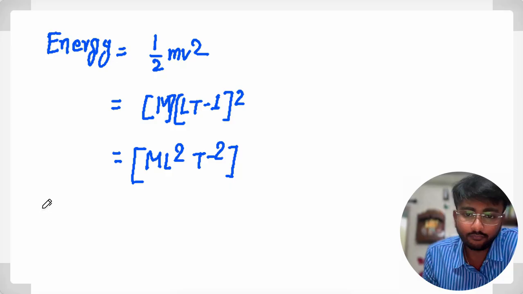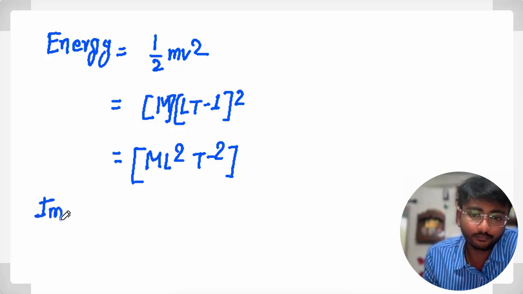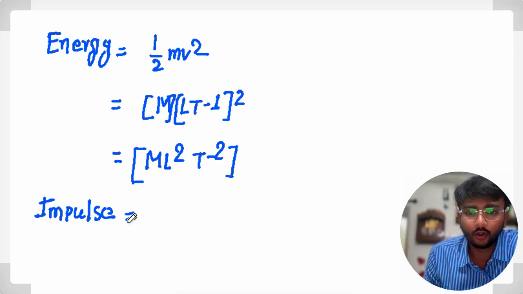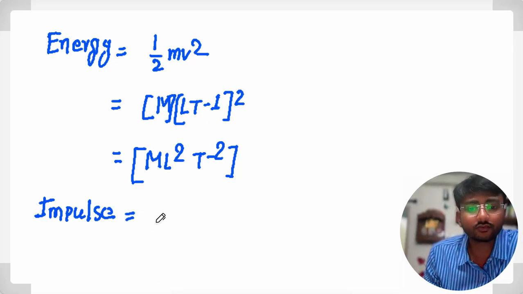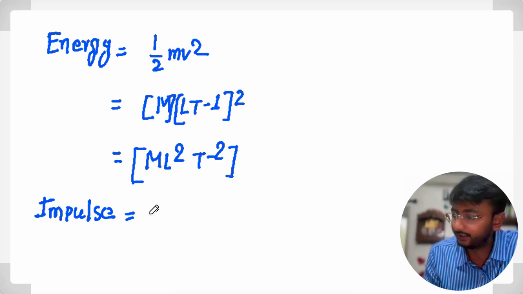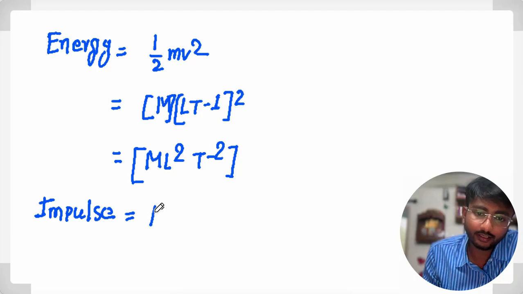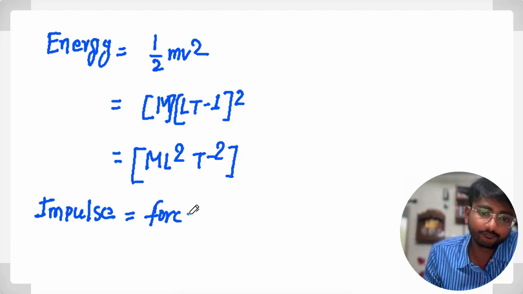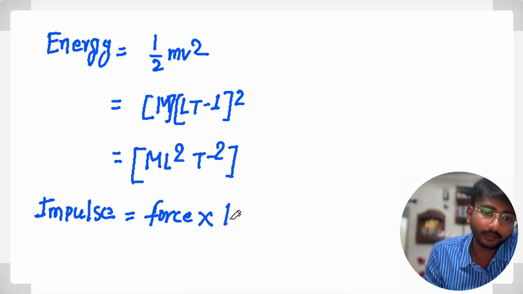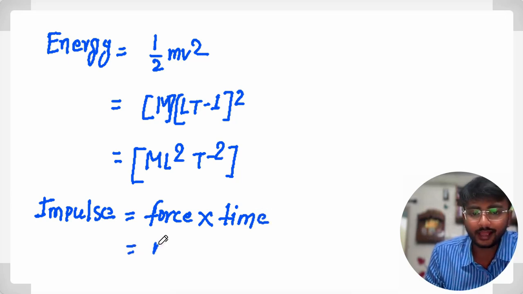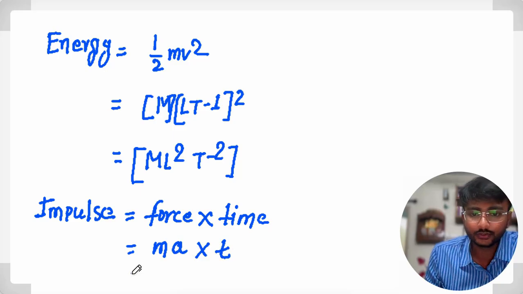Suppose you have to calculate the dimension of impulse. Impulse. How can you calculate? Impulse is what? Change in momentum, right? So we can say that impulse is force into time. And force is what? Mass into acceleration, ma, into time t.